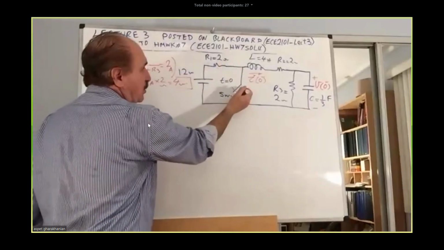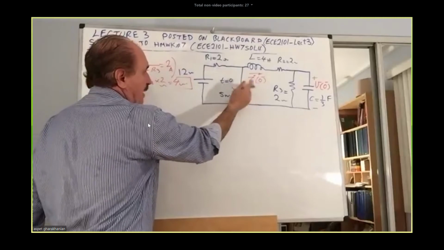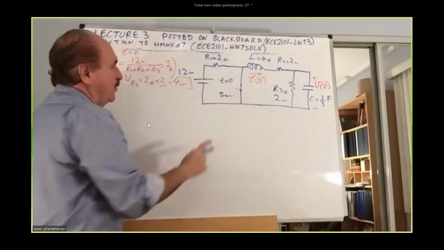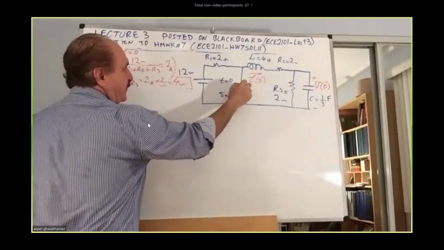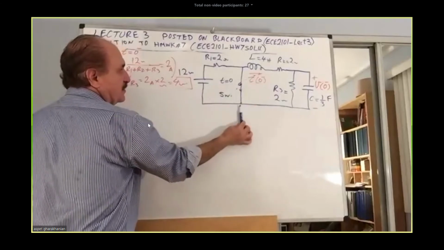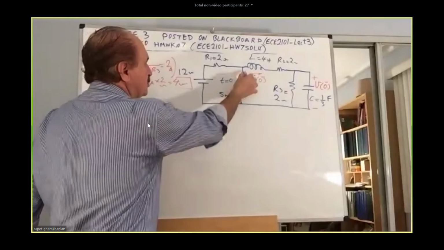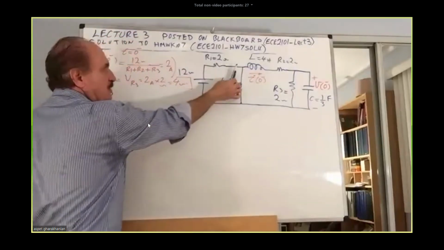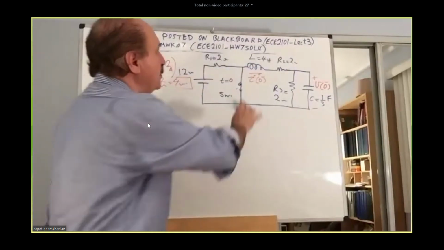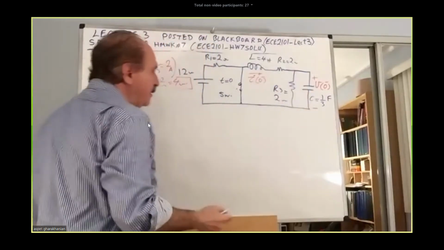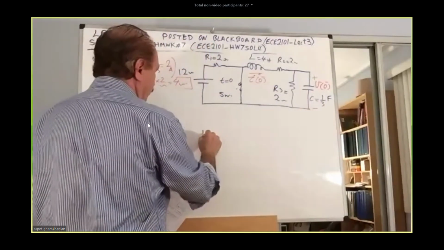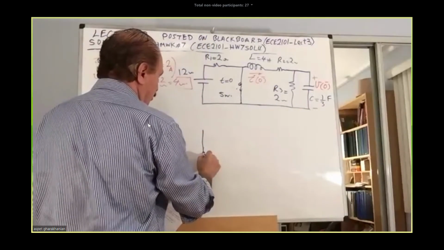Once the switch closes, it goes into that position. Please note that to the left of this line, nothing counts because it's like a short circuit. It becomes out of commission. What you have here is the following. You have a short through the switch.